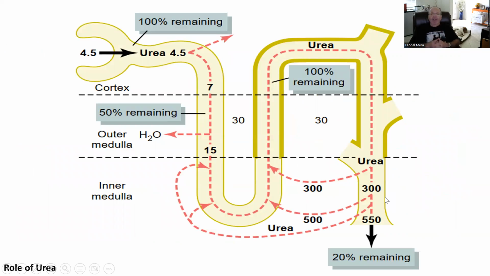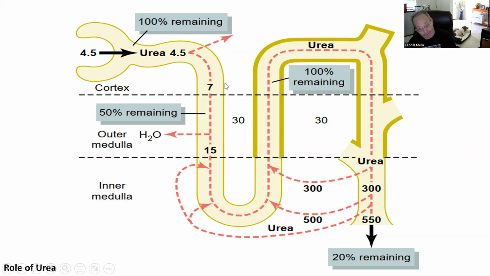Now, another important factor that is going to help in creating the hyperosmolarity we need here in the interstitium is the urea. Urea is a waste product that usually is excreted at a very high rate in the urine.